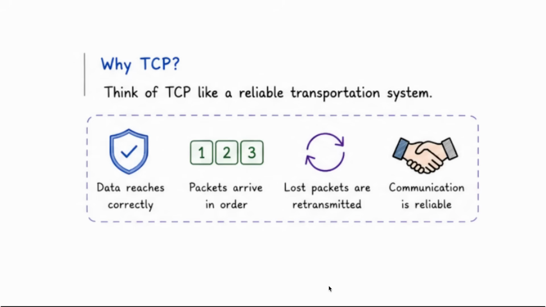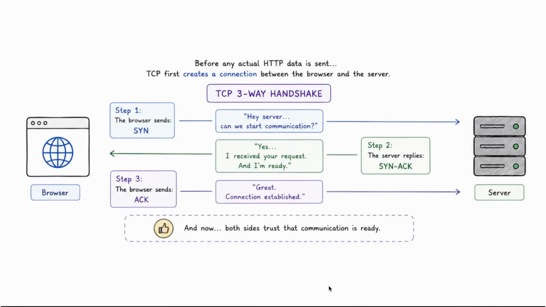and now before any actual HTTP data is sent, TCP first creates a connection between the browser and the server. And to establish this connection, TCP performs something called the three-way handshake. So first, the browser sends SYN, which basically means, hey server, can we start communication? The server replies SYN-ACK.